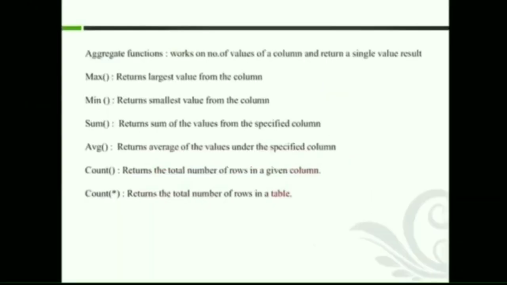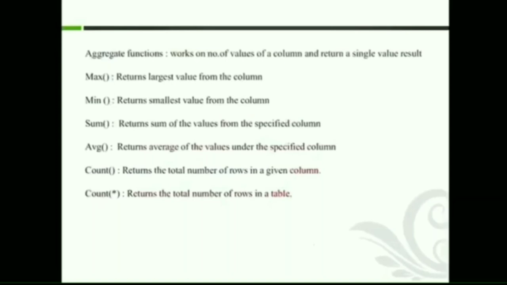Now students, we can check the points once again. Aggregate functions work on a number of values of a column and return a single value. Means they apply on all the rows in the column and return one value. Aggregate functions are of different types. First, the maximum function, which returns the largest value from the column. Min function returns the smallest value from the column. Sum function returns the sum of the values from the specified column. Means for the column whose total you want to find out, we will use the sum function.